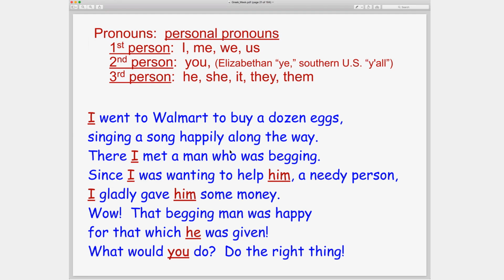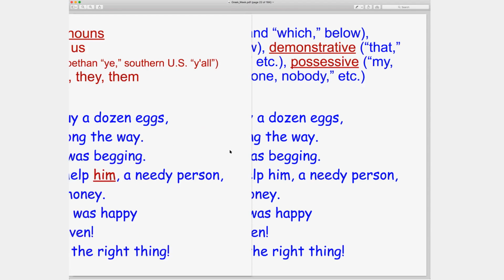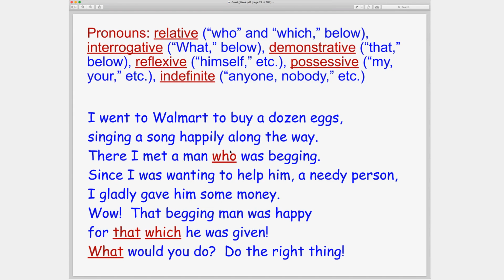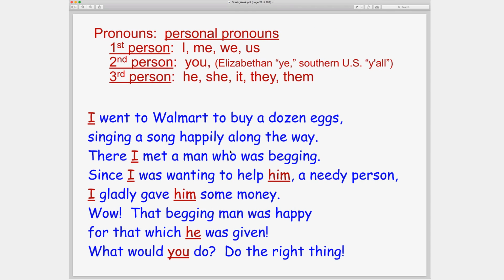Now, pronouns can be personal pronouns, or they can be other kinds of pronouns. The personal pronouns refer to people. And you must remember first person, second person, and third person. We have this in Greek also. First person is I, me, we, or us. And you can see now, since I went over this in session 1, I is subjective and me is objective.